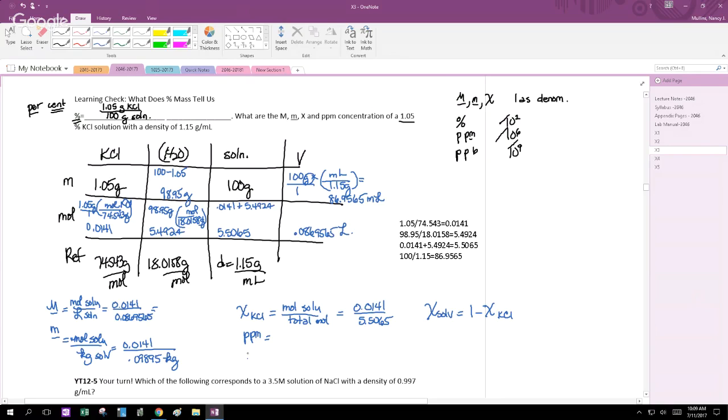How do I set up my parts per million? Mass solute over mass of solution times 10 to the 6th, because parts per million is to a million as the mass of your solute is to the mass of your solution.